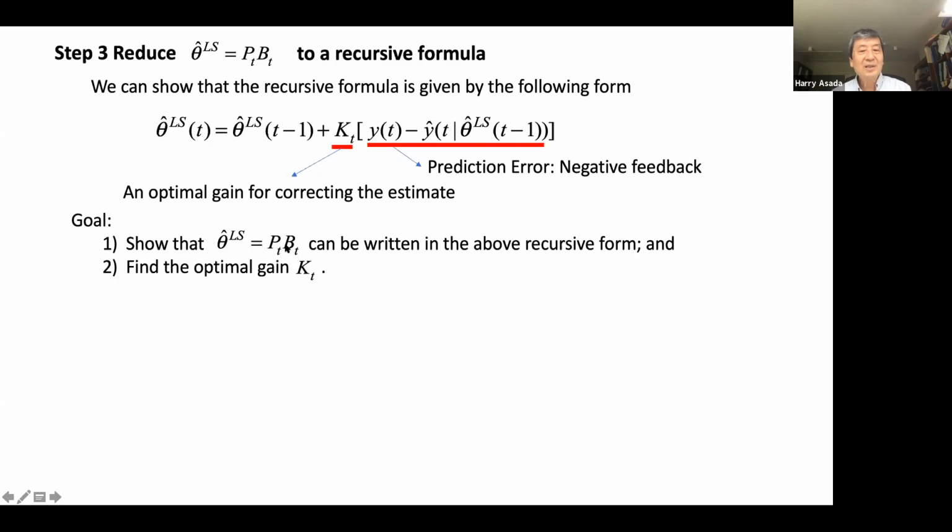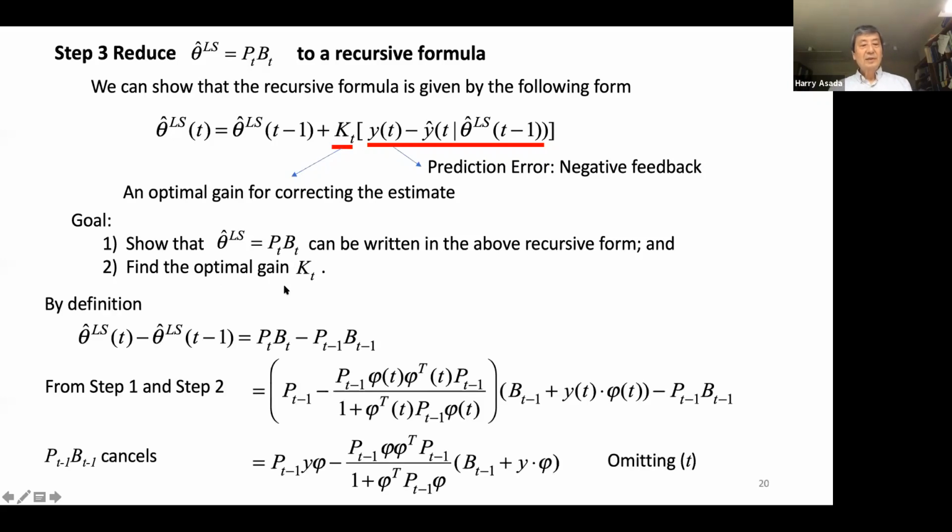Remember that P_t times B_t is the optimum solution, right? So B_t is basically the summation of phi times y, and P_t is the inverse of the summation of the matrix phi phi transpose. Okay, so we'd like to show this, and also we'd like to find the particular gain K_t.